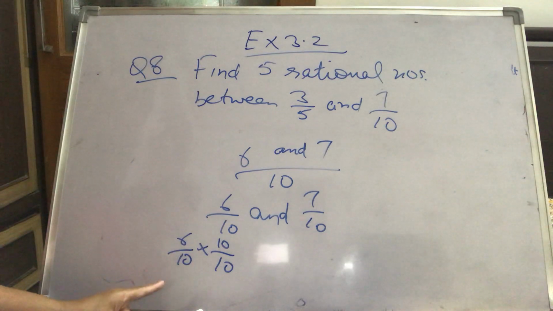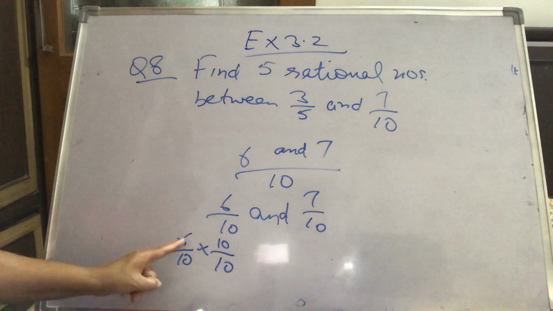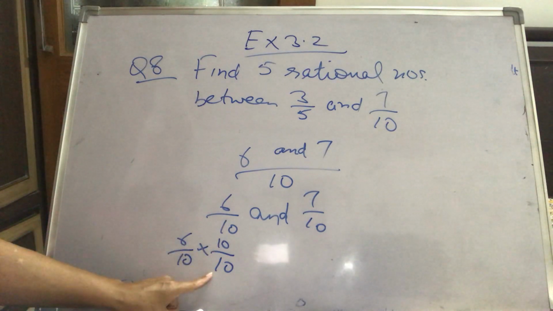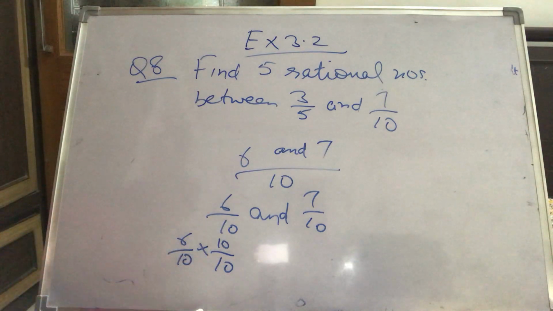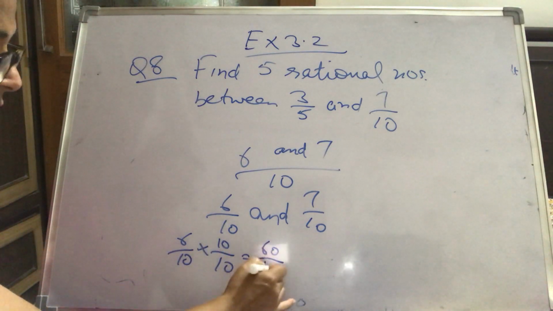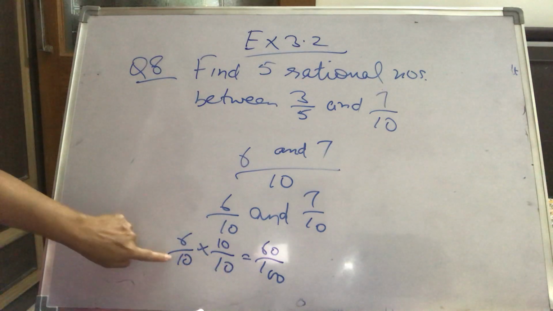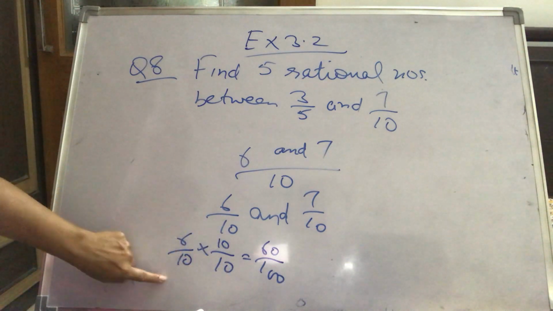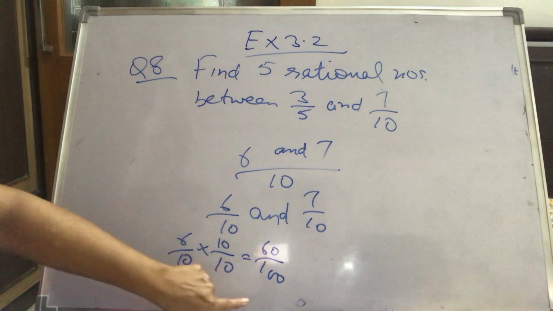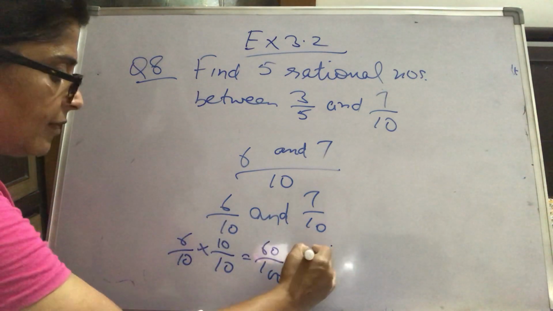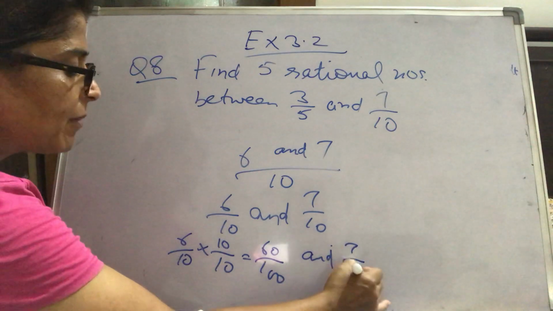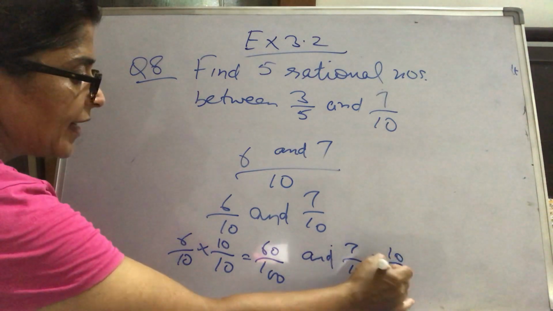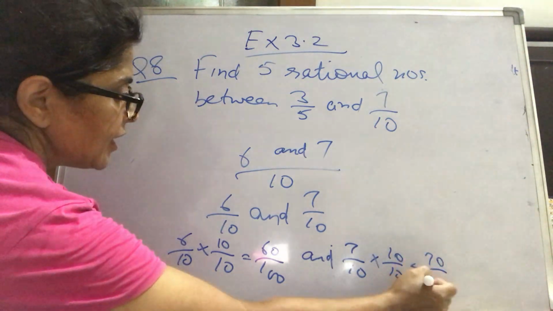Equivalent rational numbers are those where we can multiply the numerator and denominator by the same number. The answer we will get will be equivalent to 6 by 10. So, by multiplying by 10 upon 10, 6 upon 10, we have got 60 upon 100. Same case here: when we multiply 7 upon 10 by 10 upon 10, we will get 70 upon 100.